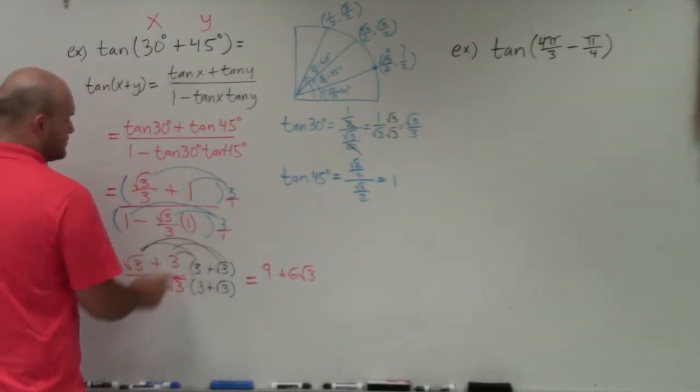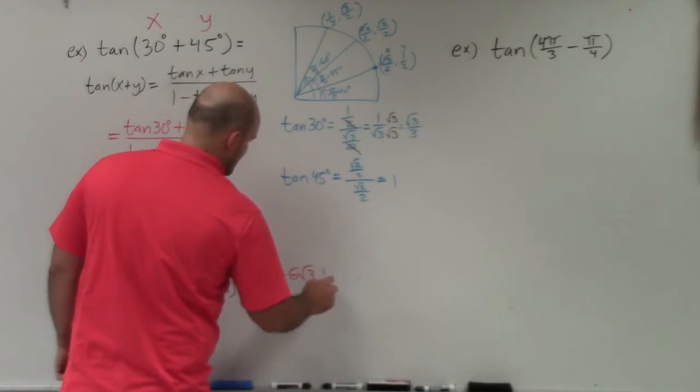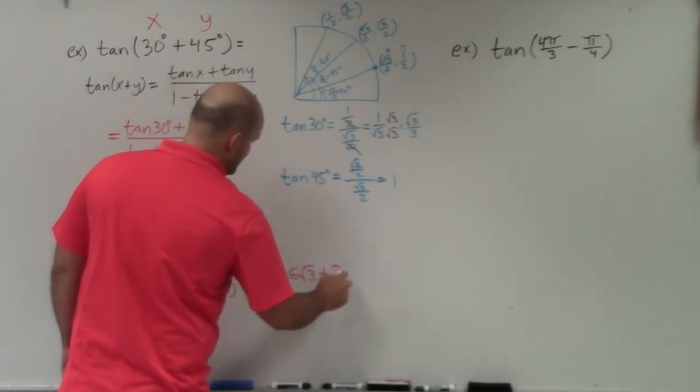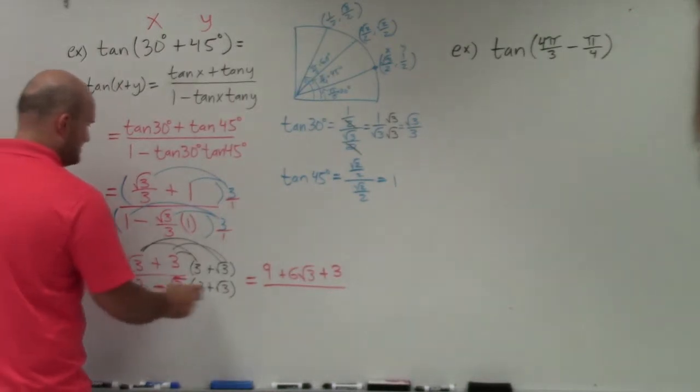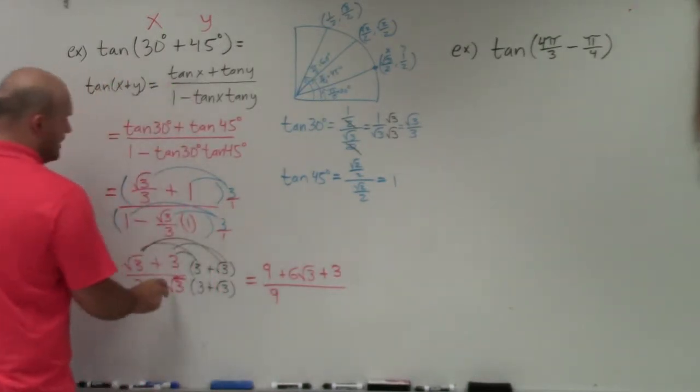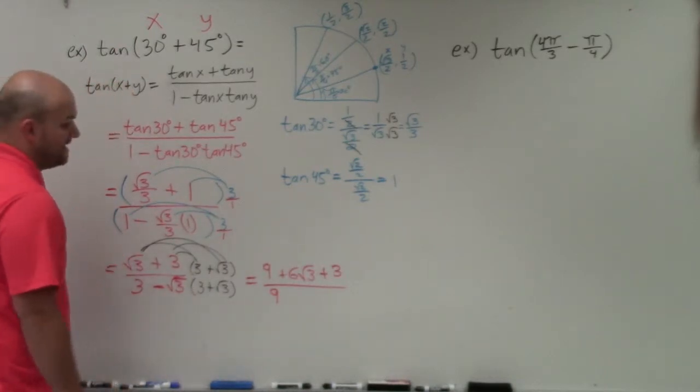And the square root of 3 times the square root of 3 is the square root of 9, which is just going to be 3. And then in the denominator, I have 3 times 3, which is 9, minus the square root of 3 times the square root of 3, which is minus the square root of 9, which is minus 3.